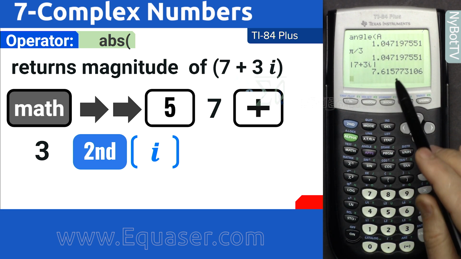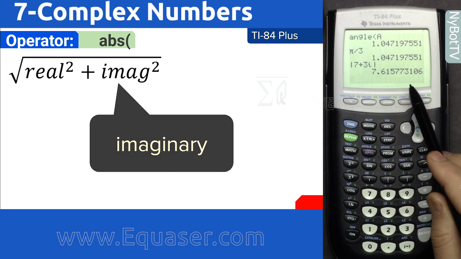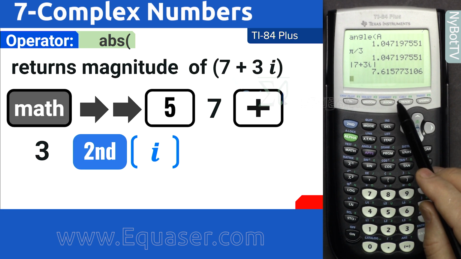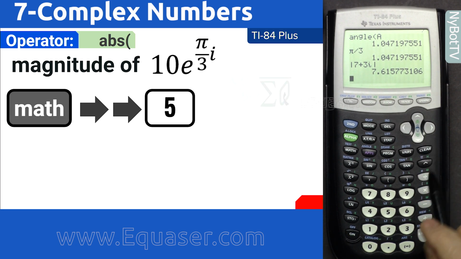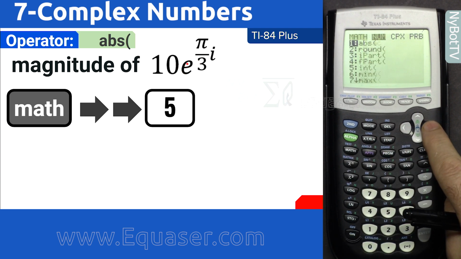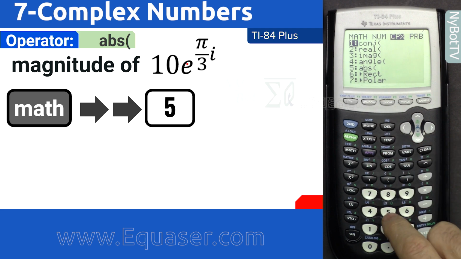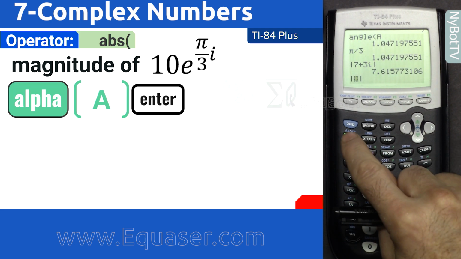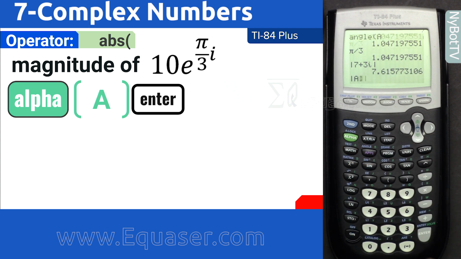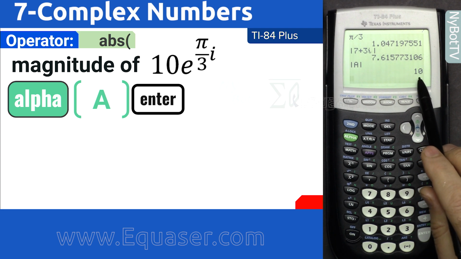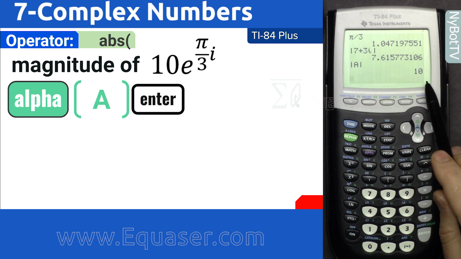Now it will give you that expression that I mentioned. Now let's get the absolute value of the expression we have in memory: math, complex, and then 5, recall memory, second function A, and that is 10 because it was 10 to the power pi over 3i.